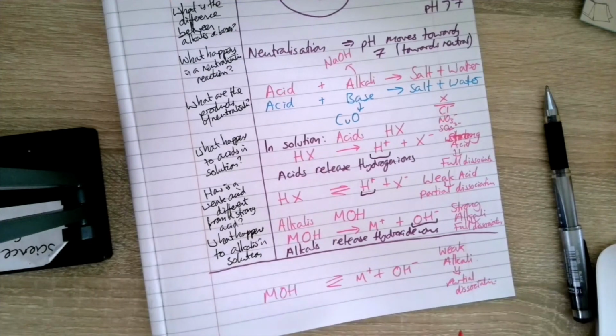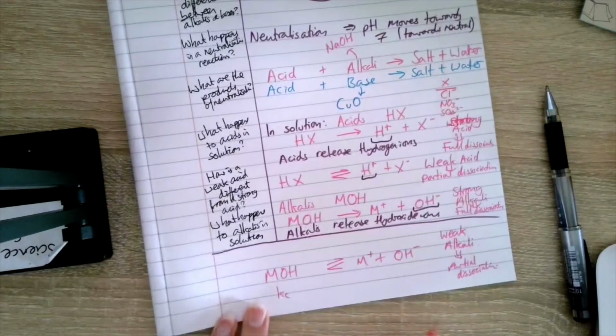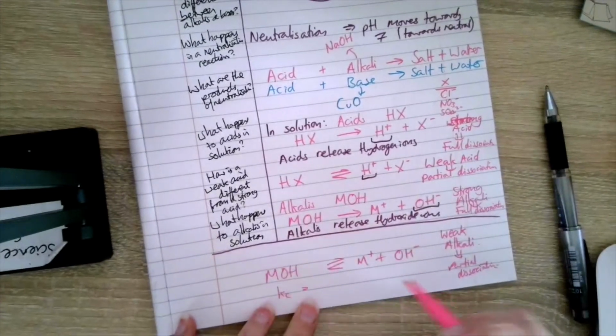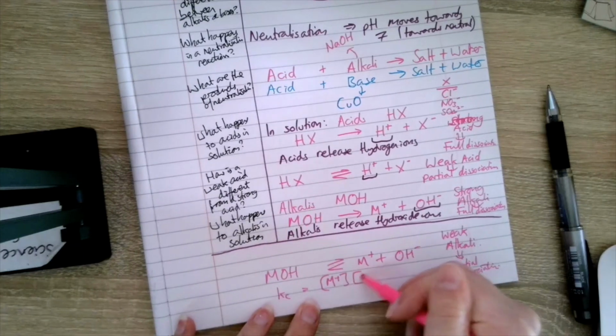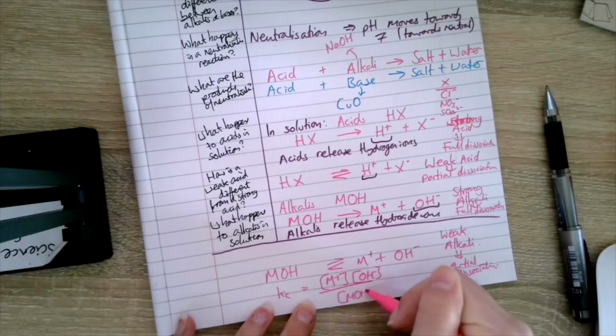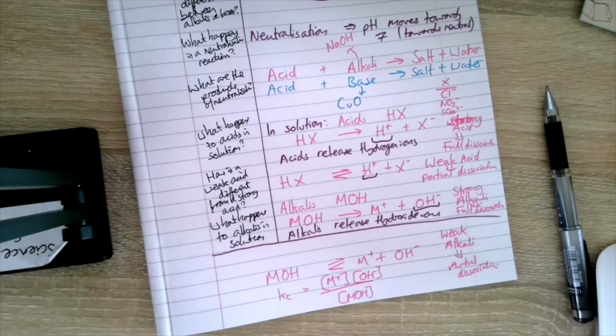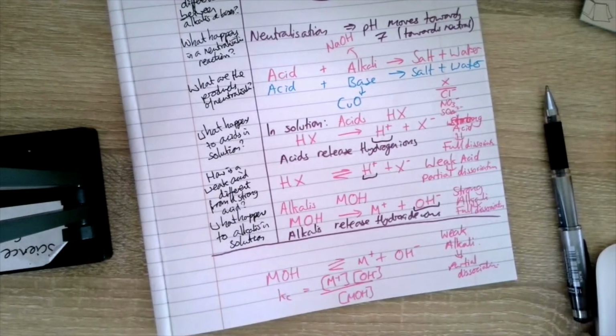From what we know about equilibrium, we can write an equilibrium constant for this dissociation. So M plus and OH minus concentrations over the concentration of the alkali that you had to start with. And so we're going to look more at that in that yellow activity.